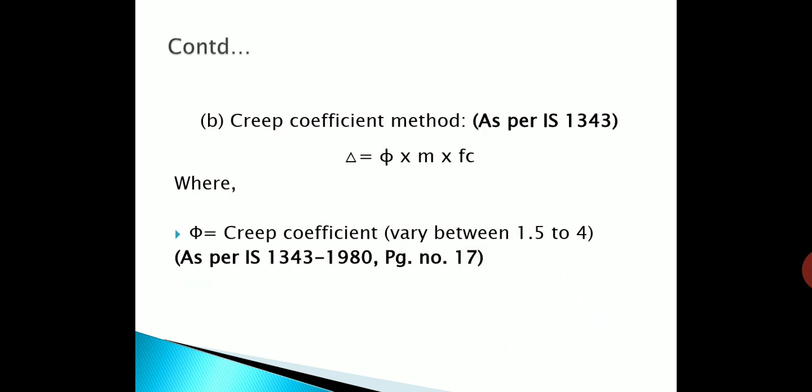Or we can use the creep coefficient method, in which the total loss is given by phi into m into Fc, where phi is the creep coefficient, which varies between 1.5 to 4.